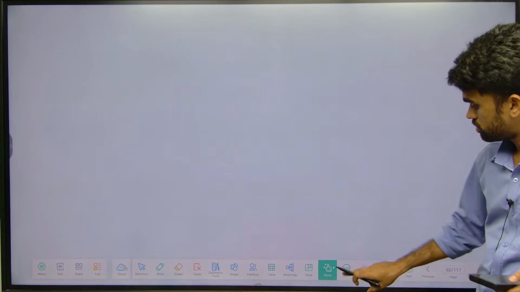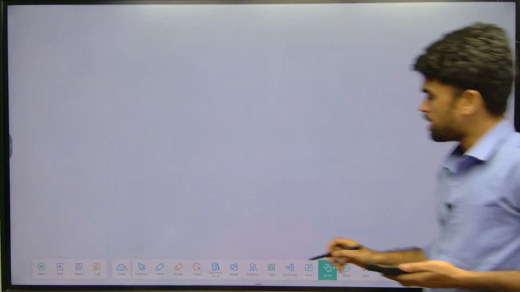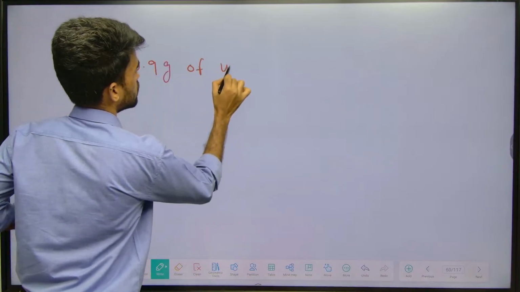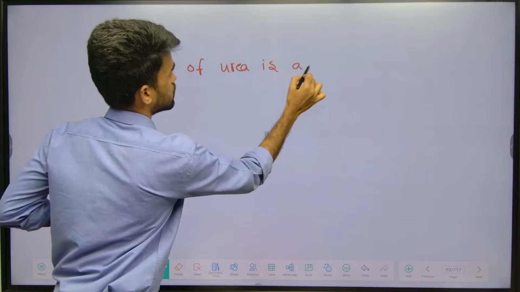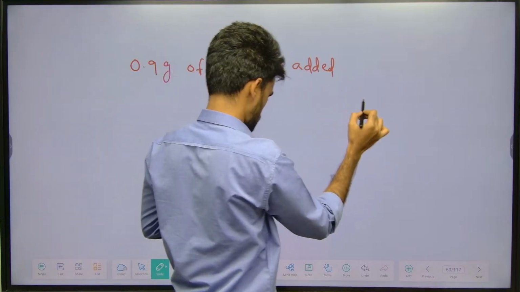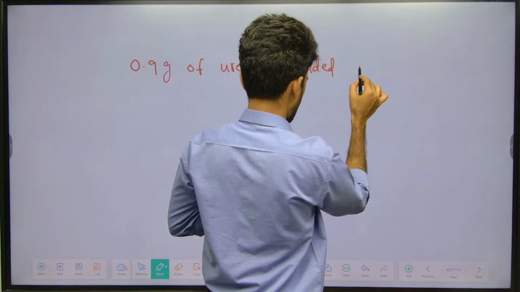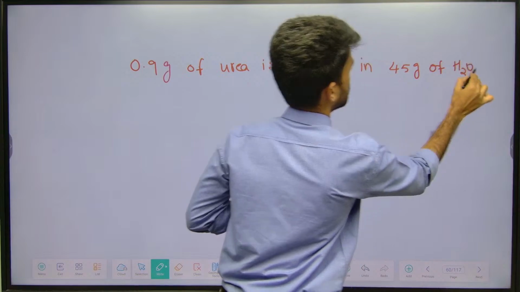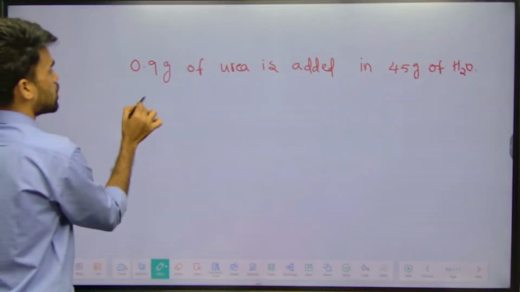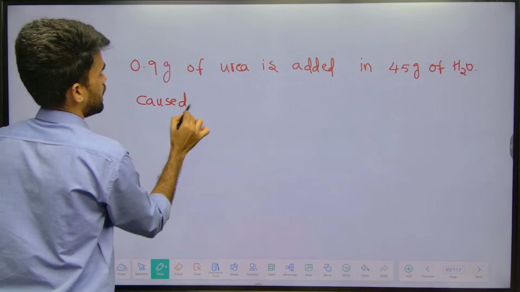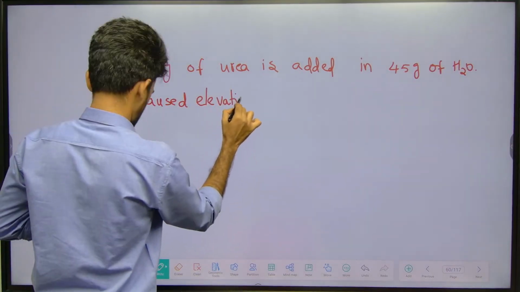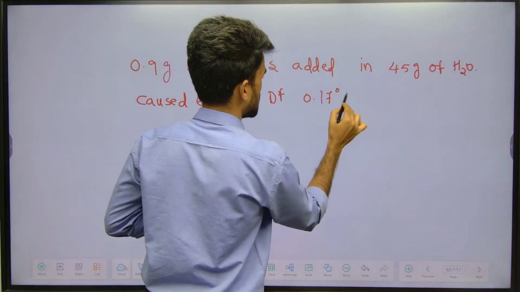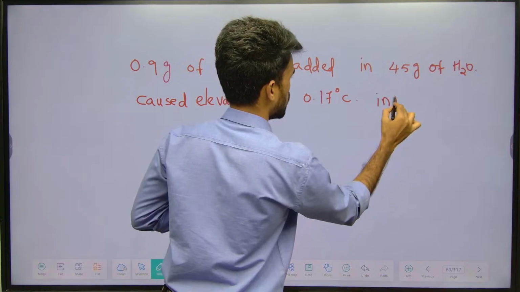Question by Namokar. 0.9 grams of urea is added in 45 grams of water that caused elevation of 0.17 degrees Celsius in boiling point.